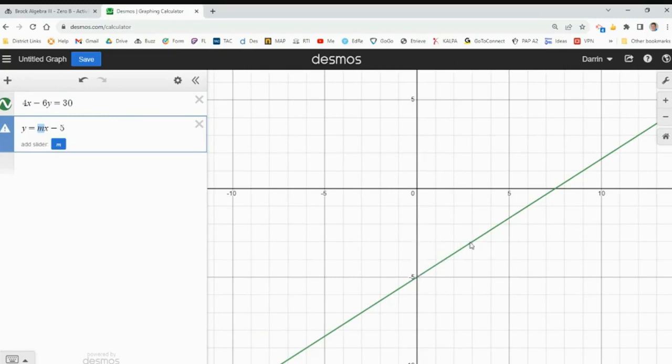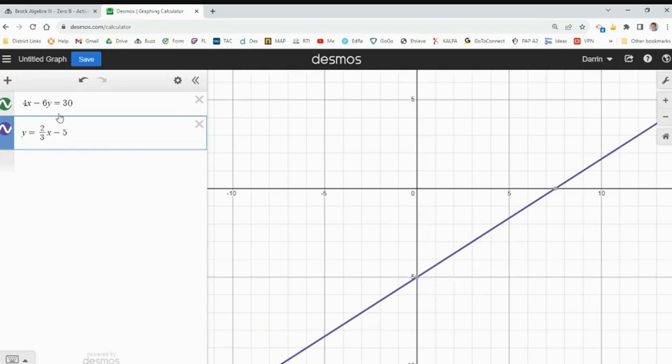Rise over run is 2/3. So if we change this to 2/3, it's the same line. Just taking a graph, looking at the y-intercept, looking at the rise over run, 1, 2, 1, 2, 3, or you can calculate it with the slope equation, like I did there with the 3, -3.